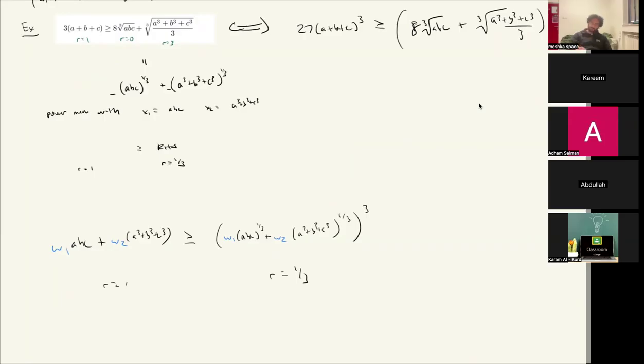So if we can show this is bigger than or equal to this, then we're done. But these have no cube roots.